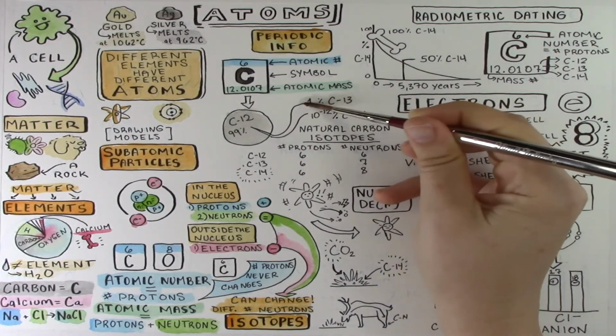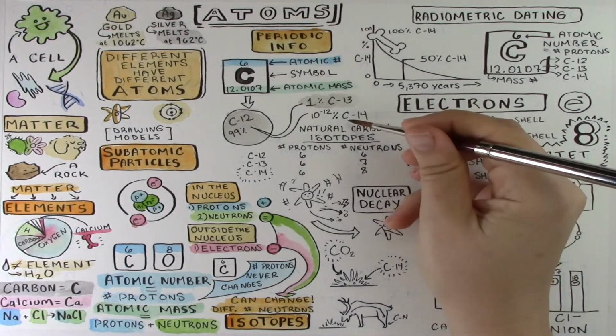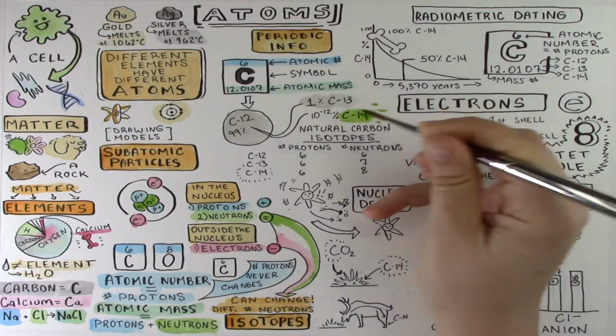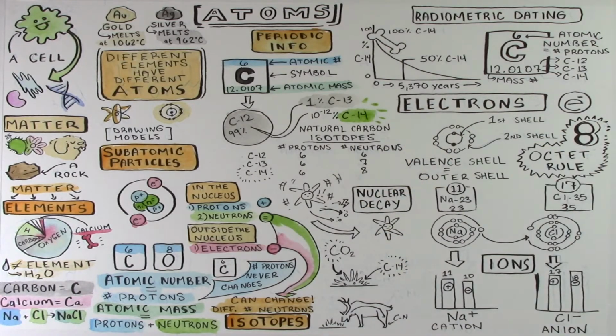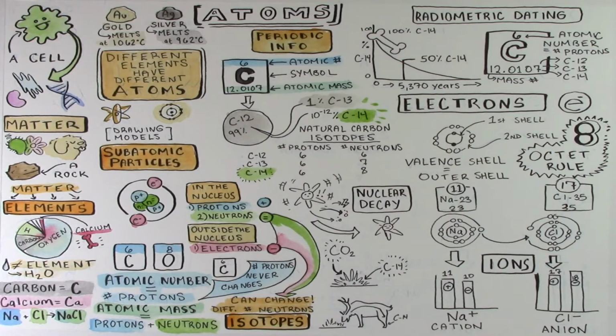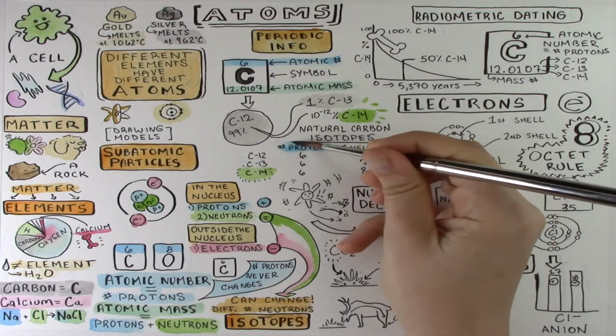If I ask you, what is the atomic mass of carbon-13, the answer is 13. But if I ask you, what is the atomic mass of carbon, the answer isn't 12. You're accounting for all of the carbon isotopes in existence, so it's slightly above 12 at 12.0107. As a hint, when you see carbon-12 or C-12, that hyphen to the left of the number is telling you you're looking at a specific isotope of that element.